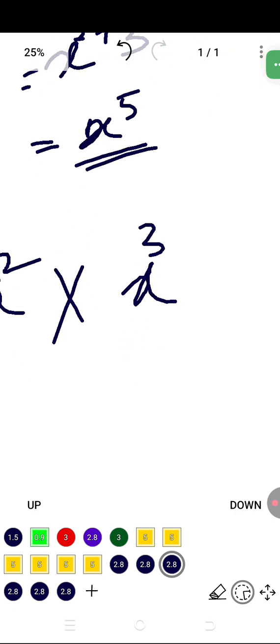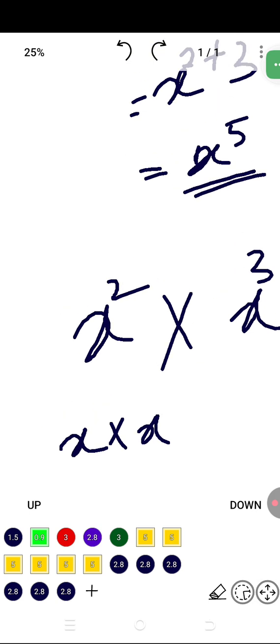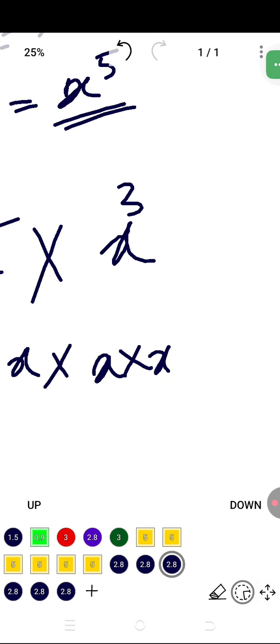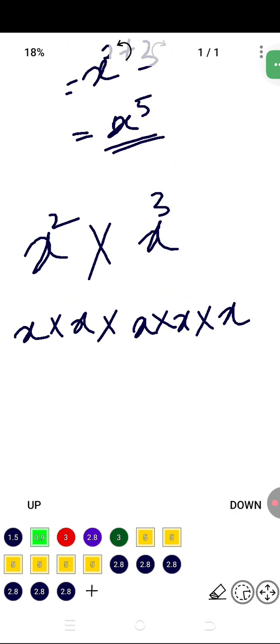Basically, when we break it, x raised to power 2 is x times x, then times x raised to power 3, which is x times x times x. When you multiply and count everything together, you see that we have 5 x's: 1, 2, 3, 4, 5 multiplying each other. That simply gives us x raised to power 5.